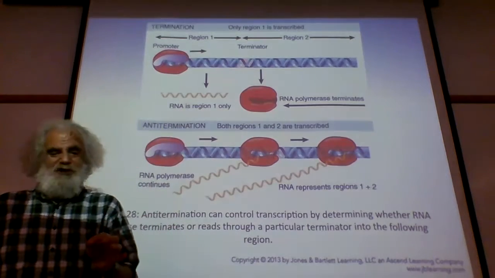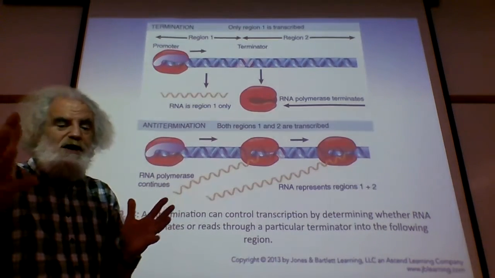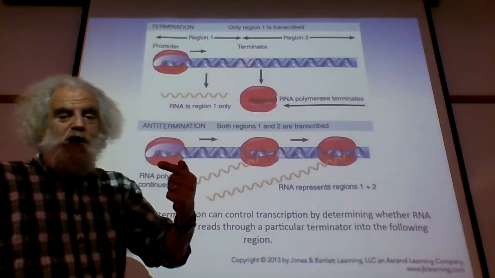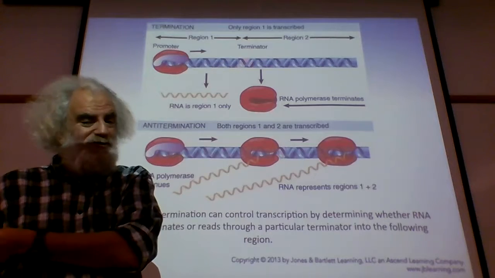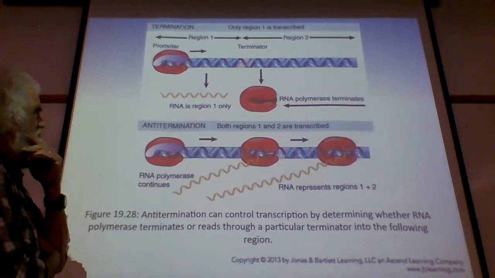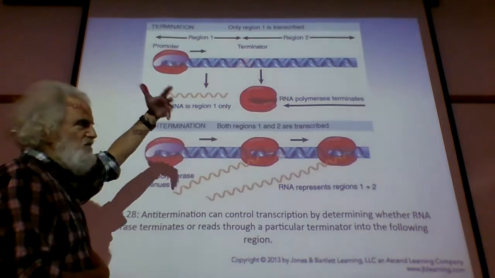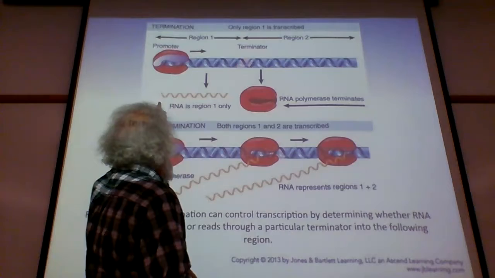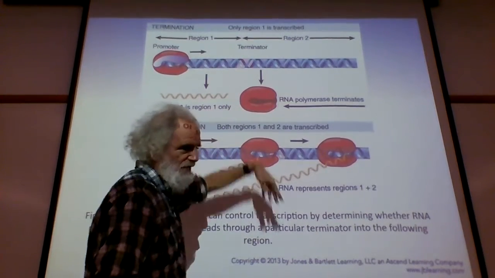So anti-termination is a very clever way of extending an RNA out, so now you might code for an RNA that'll have the ability to generate more than one protein. Clever, yes? So you've got the promoter, and in the case of standard termination, the RNA polymerase is going to make its way through to the first terminator. It stops. It falls off.